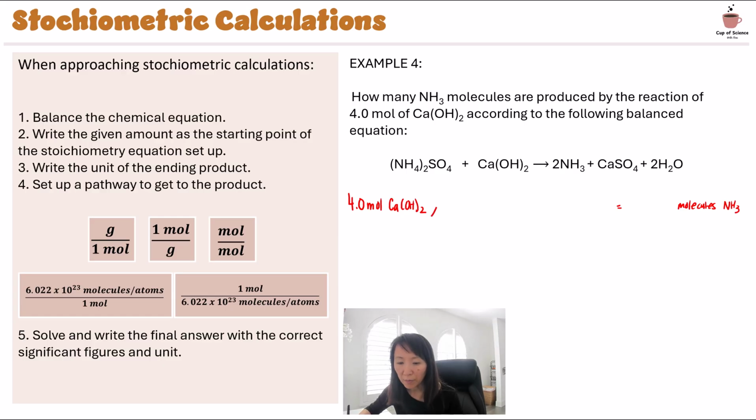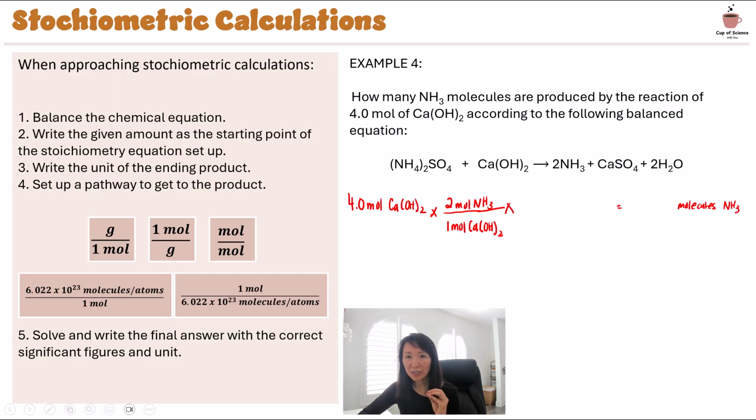So therefore, multiply by every 1 mole of calcium hydroxide. How did I know it's 1 mole? It's because in front of calcium hydroxide in the balanced equation, there is 1. And for ammonia, however, you see the coefficient as 2. So you're going to write 2 moles of NH3.